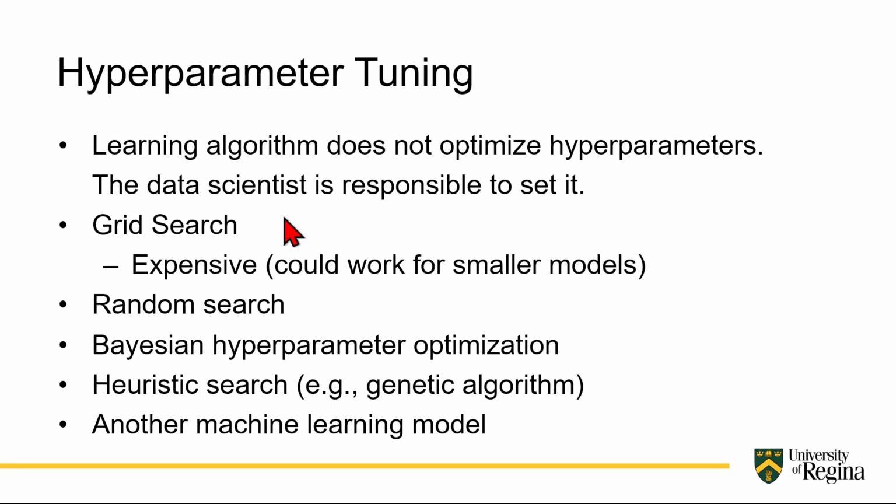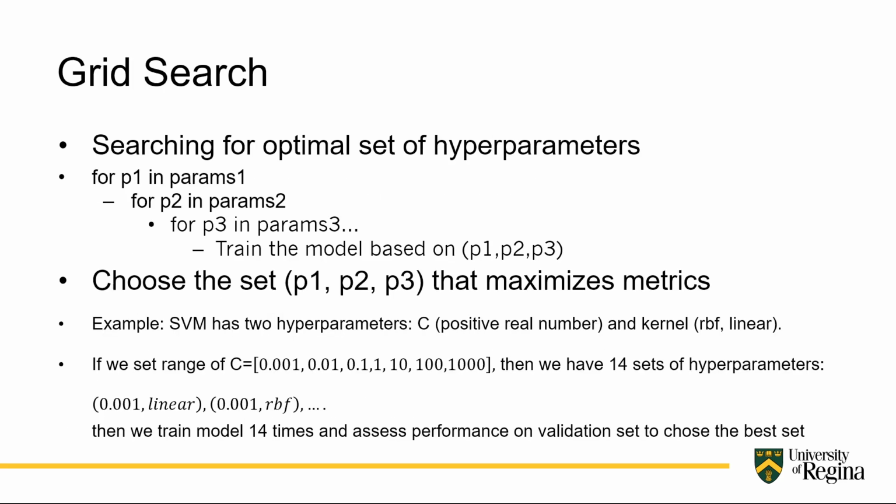One way is to use grid search, which is quite expensive, and it could only work for smaller models. Another one is random search, which searches through the space. Bayesian hyperparameter optimization, heuristic searches like genetic algorithms, and some other machine learning models that you create on your own could help you to tune the hyperparameters.